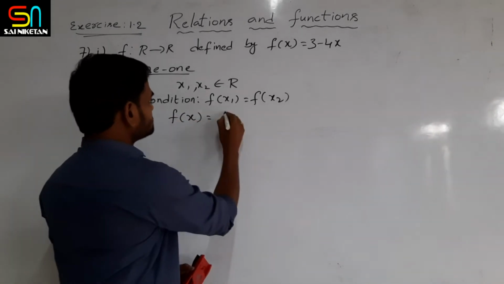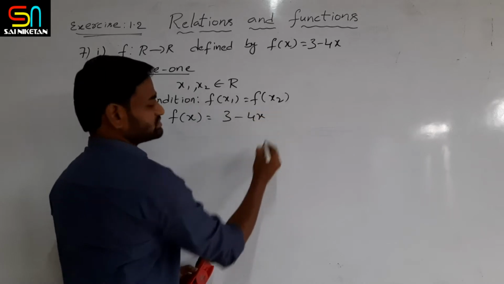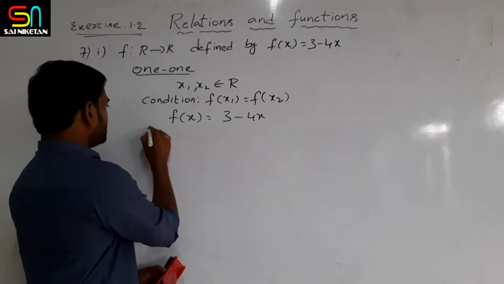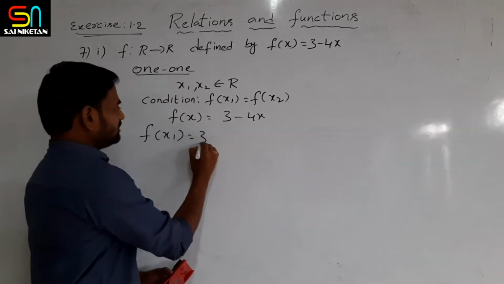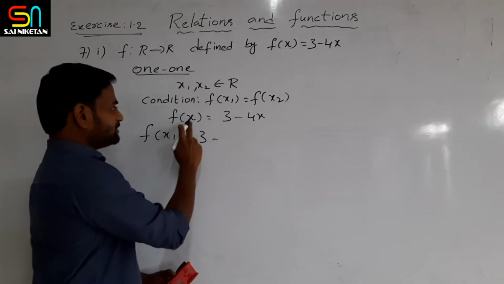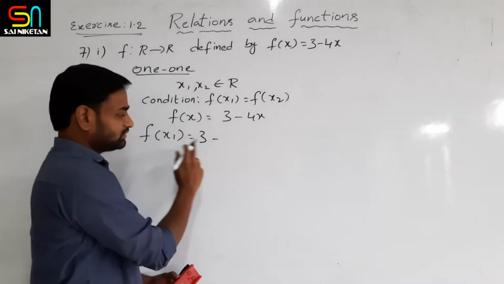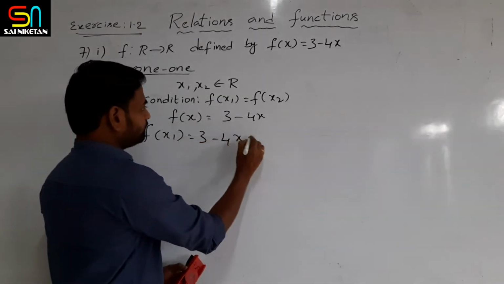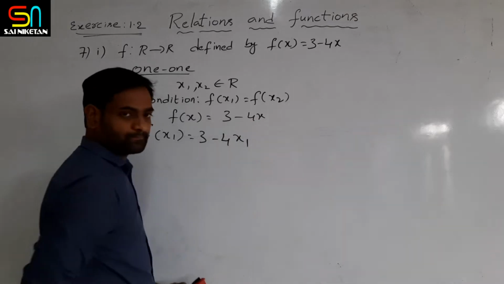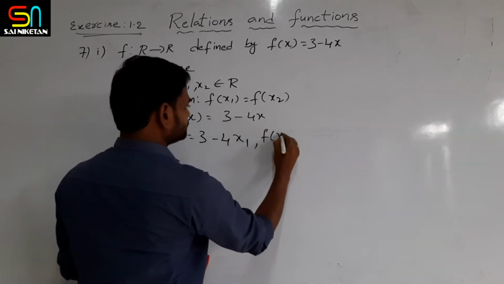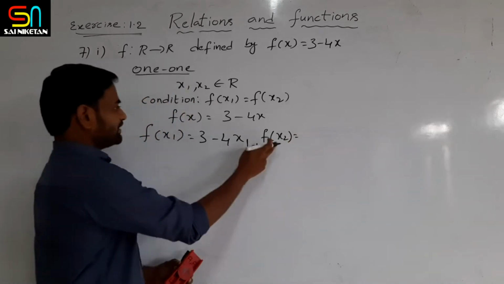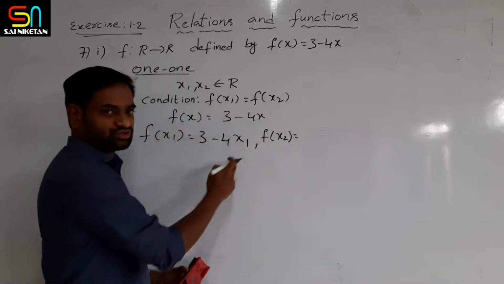Now see here, what is f(x)? f(x) is 3 - 4x. Now what is f(x1)? That is 3 - 4, in place of x we write x1. That is 3 - 4x1. Next, what is f(x2)? Just write in place of x, x2.